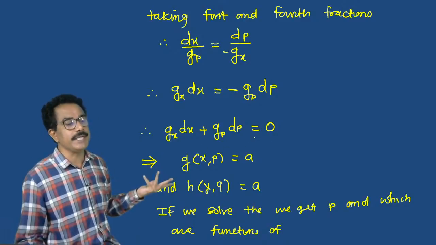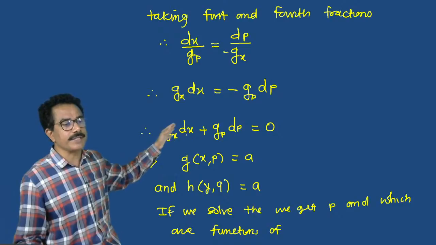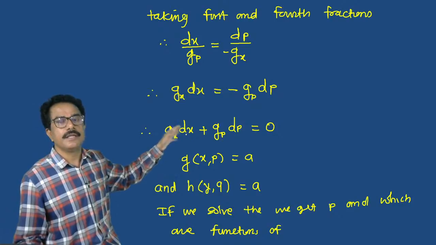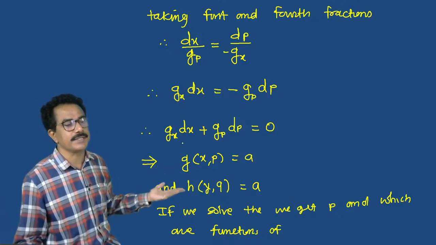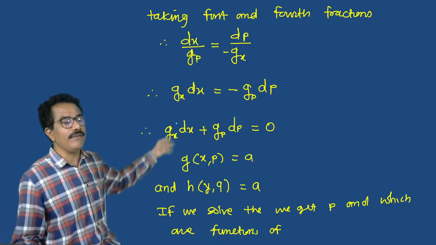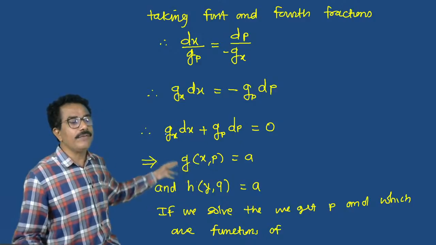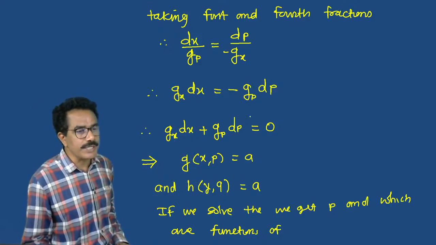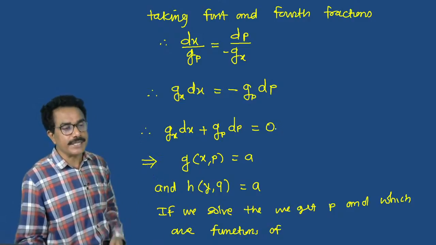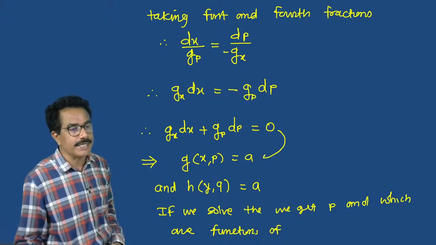Now if you take the integration, integration of g of x into dx, integration in x, and it will be the function of g of x comma p. After integration, there will be the integration constant a.